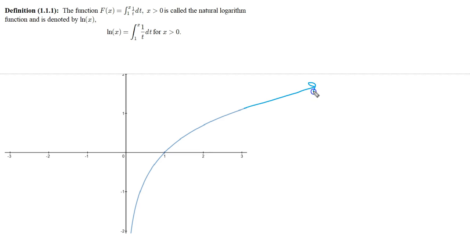So this does continue upward. It doesn't flatten out. And it does go all the way down to negative infinity as x approaches 0 from the right-hand side. And that's something that we're also going to have to prove. And also notice that your natural logarithm function is only defined for x positive.